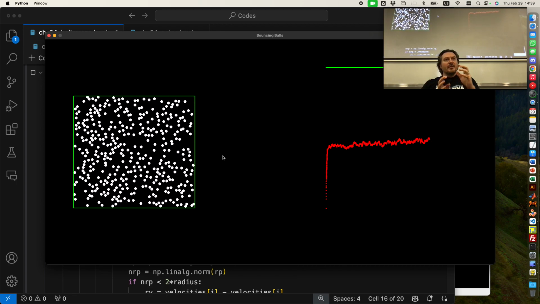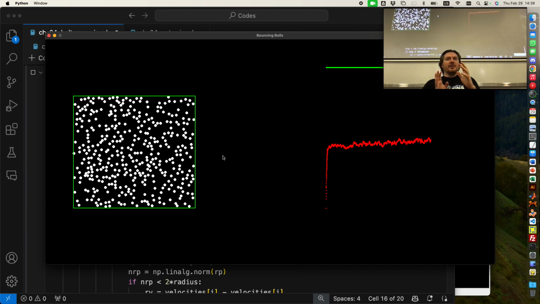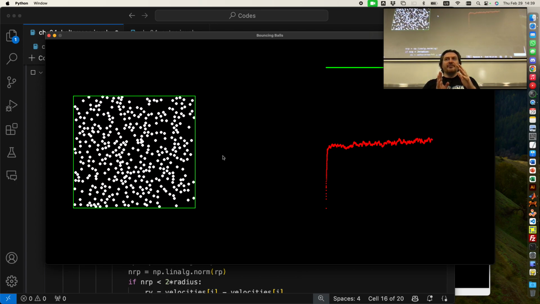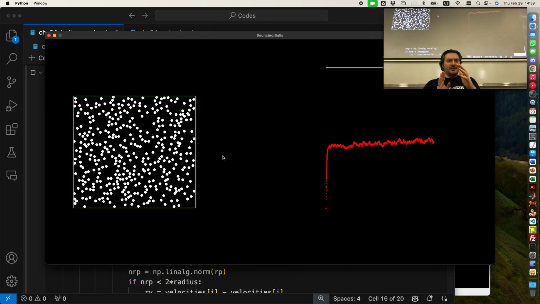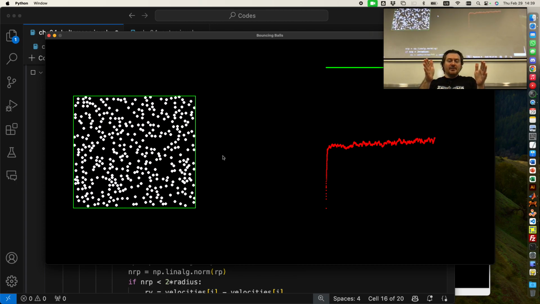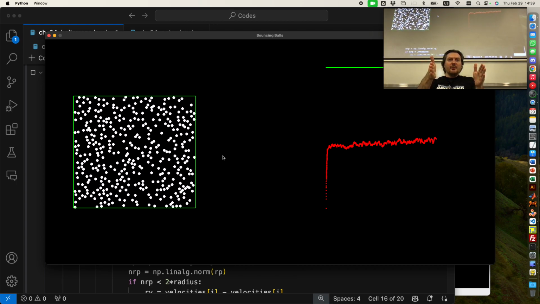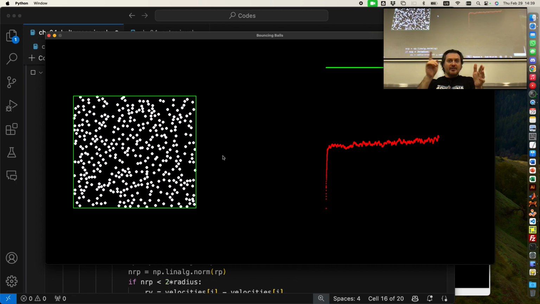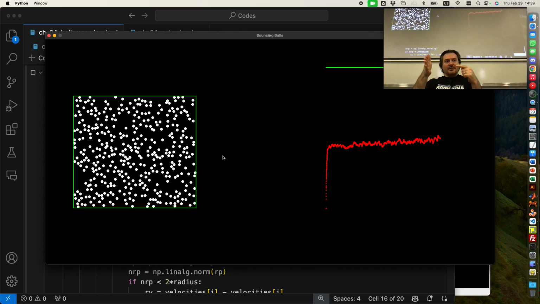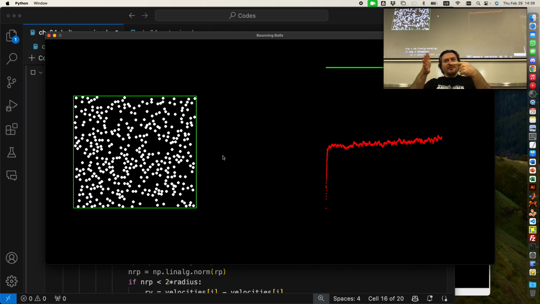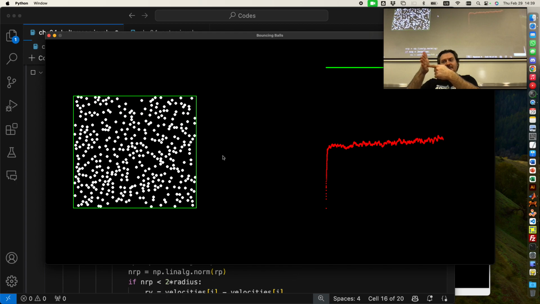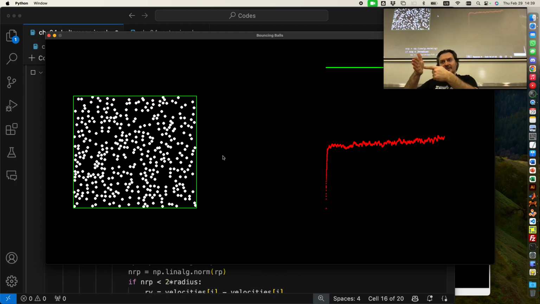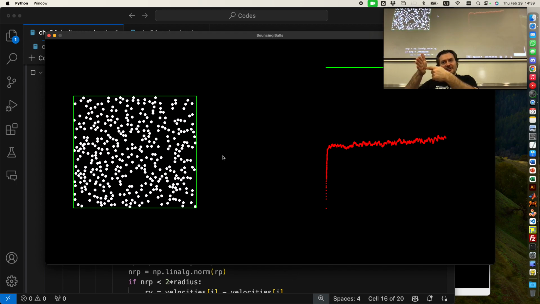You see, gas molecules, gas atoms move at 500 meters per second, while I'm pulling this with 1 millimeter per second, right?